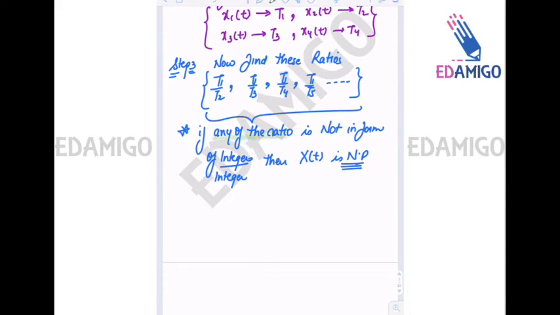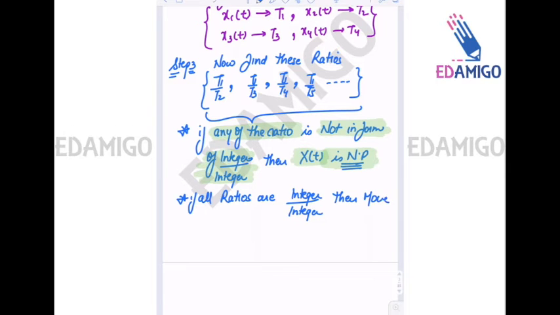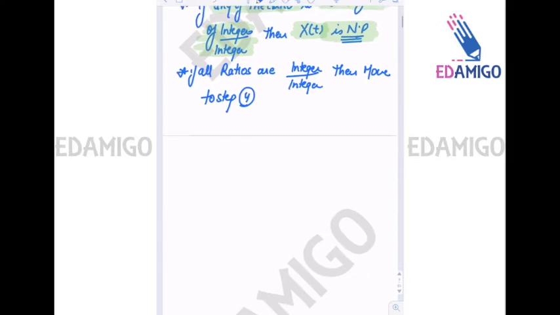If any of the ratios is not in the form of integer upon integer, then capital X(t) is non-periodic. That is very important. If all the ratios are integer upon integer, then move to step 4.